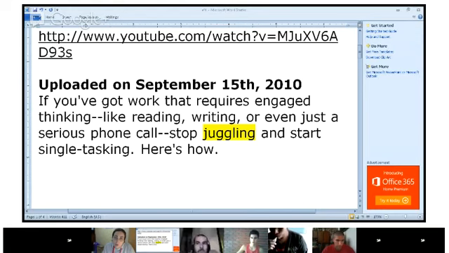How to think well, especially when you have to read or write, like to do complex things. Yeah, thank you, Eliana. So we're talking about stopping the juggling, stop multitasking, and start focusing on one thing so that you can do it right, so that you can do it correctly.